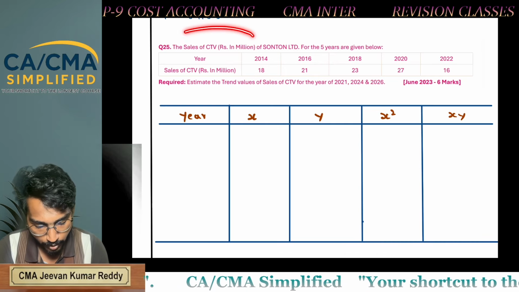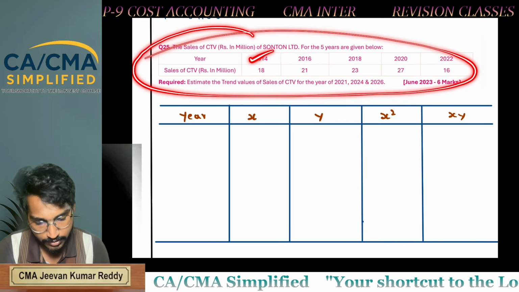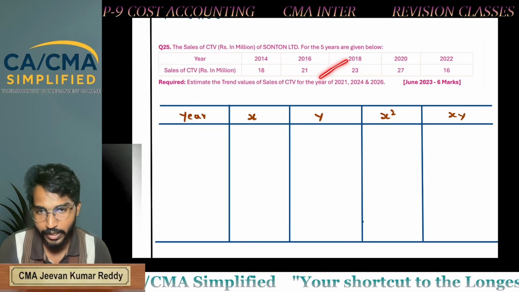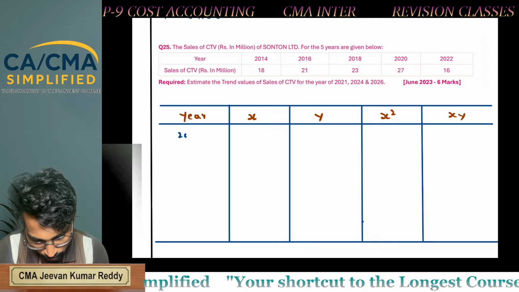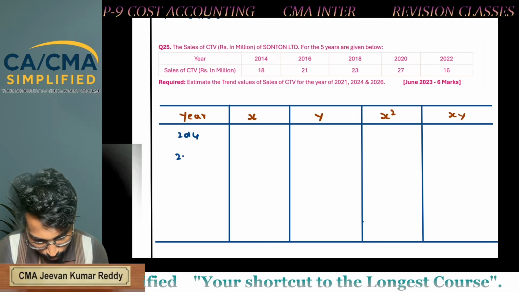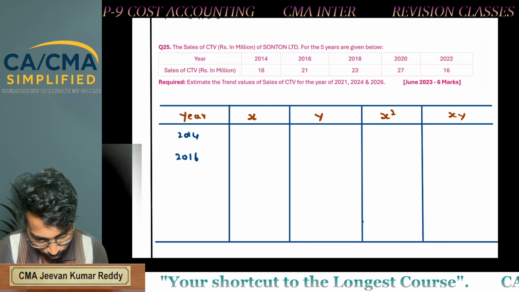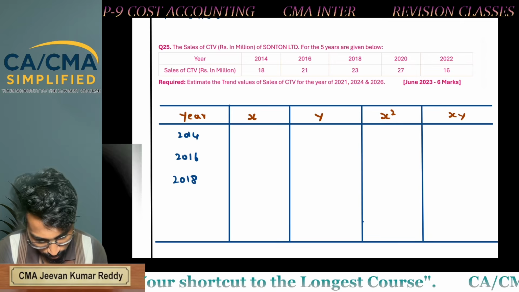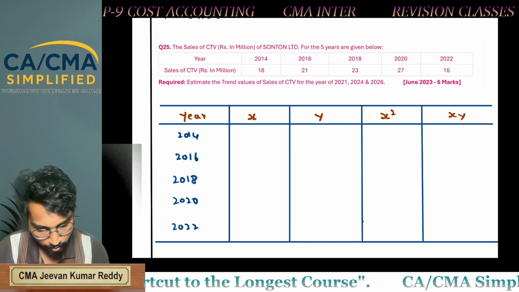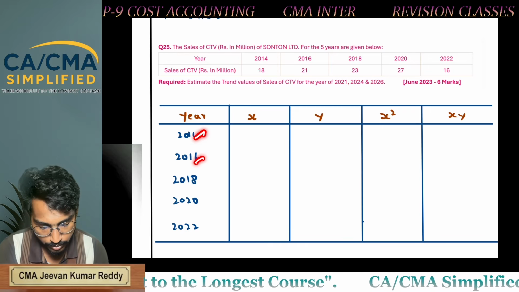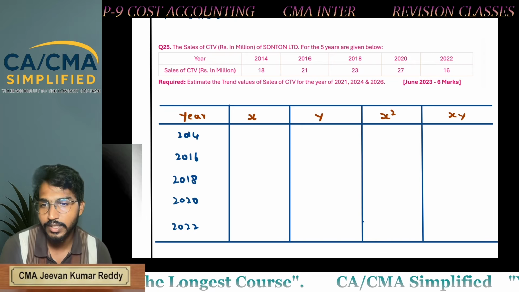Whenever a problem is given like this in years, we use the direct method. Now what are the years? 2014, 2016, 2018, 2020, 2022. Now how many years are there? 1, 2, 3, 4, 5. Five years of data is given.